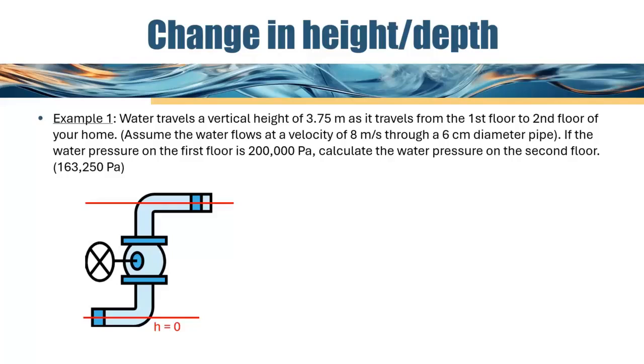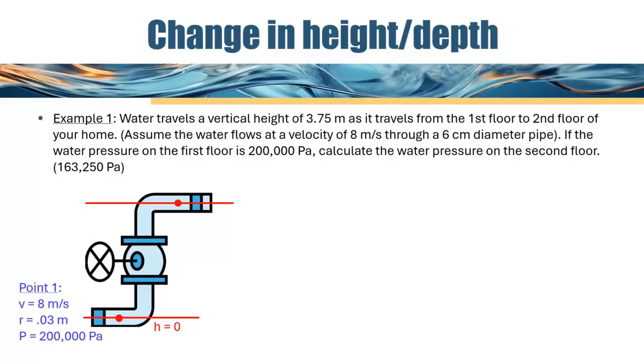The next thing is Bernoulli's equation allows you to compare the pressure at 2 different points. So we need to identify point 1 and point 2. So I'm going to put one of my points on the bottom line and my second point on the top line. I'm going to call the bottom one point 1. All right, so let's extract some information from the problem and put it by point 1.